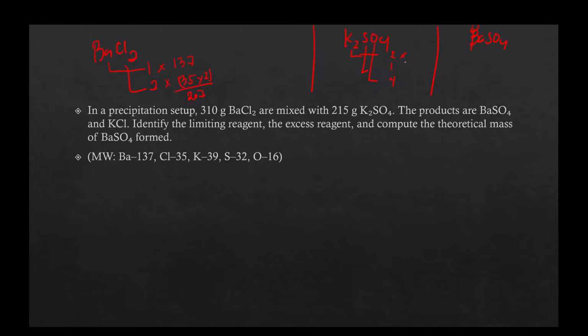Potassium is 39. Sulfur is 32. Oxygen is 16. 2 times 39 plus 1 times 32 plus 4 times 16. 174.